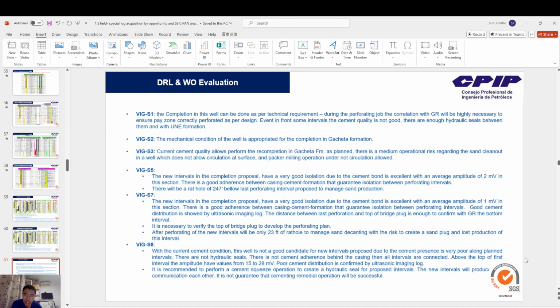It is recommended to perform a cement squeeze operation to create a hydraulic seal for proposed intervals. The new intervals will have production communication with each other. It is not guaranteed that cementing remedial operation will be successful.